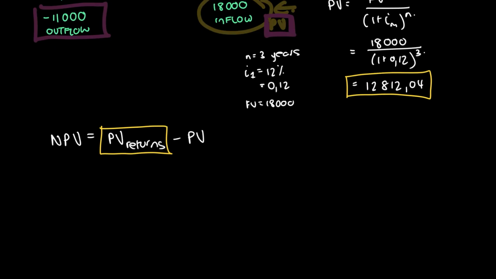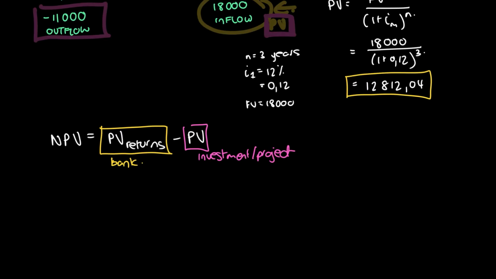And then the PV itself, that's the one from the investment or project. And once again, the returns is what you put into the bank to get the same future value out.